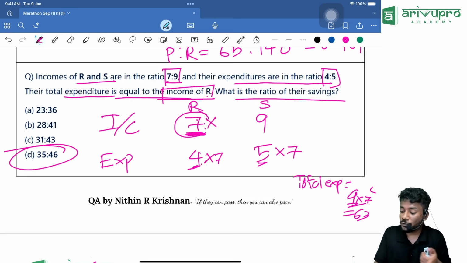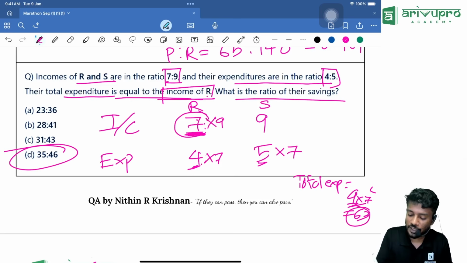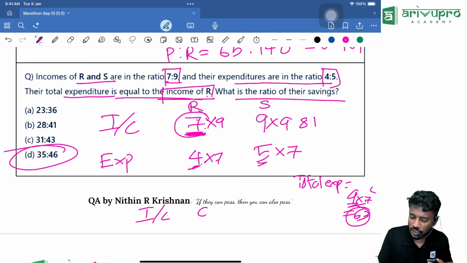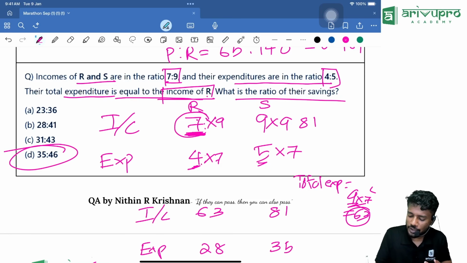We need to make it now 63. So 7 into 9 is 63. Then obviously we should multiply the other person also with 9, which is 81. So new income is 63 is to 81. Then expenditure is 28 is to 35.